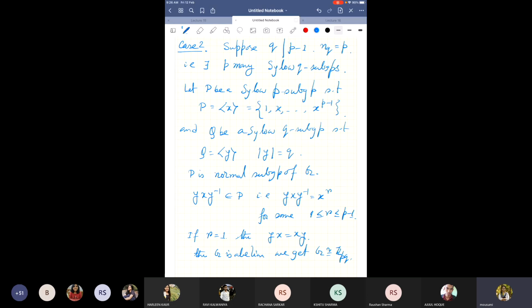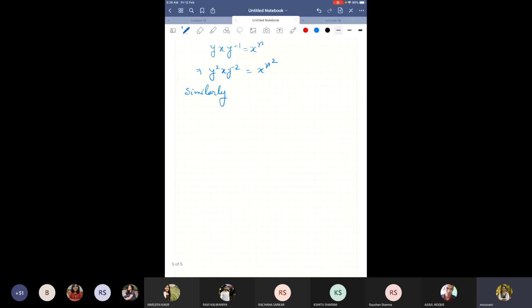So similarly, you can keep on doing these steps, and you can go up to y to the power q, and then you can see that this gives you one relation in terms of r. So similarly, we get that y to the power q x y to the power minus q is x to the power r to the power q.